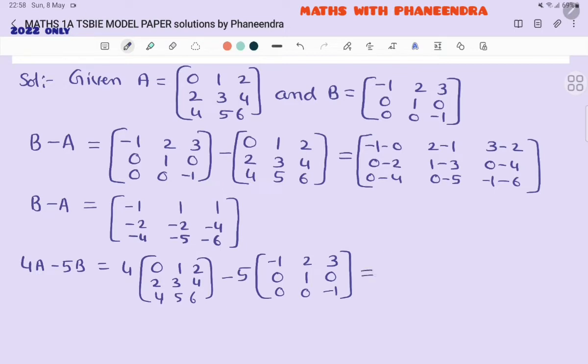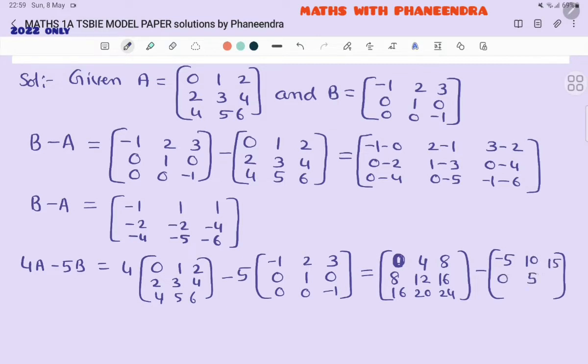So which is equal to 4 times of this, each and every element multiplying by 4. 0 into 4 is 0, 4 into 1, 4 into 2, 8, 12, 16, 16, 20, 24, minus each and every element multiplying by 5. So minus 5, 10, 15, 0, 5, 0, 0, 0, minus 5.